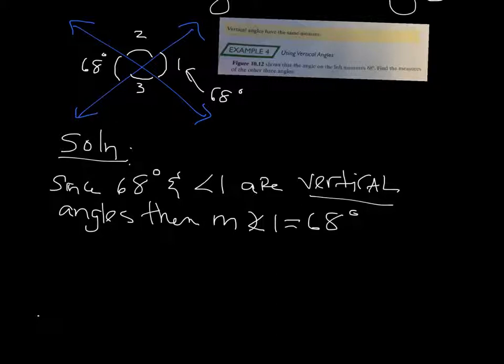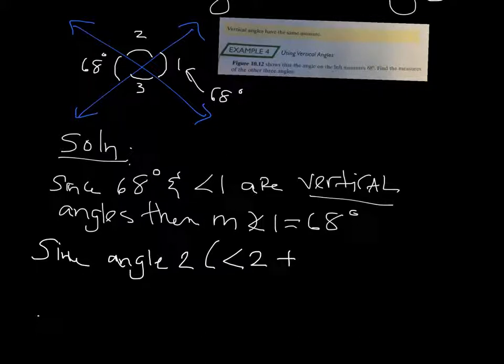So we can say, since angle 2 plus 68 degrees should give you 180 because this is a straight line.